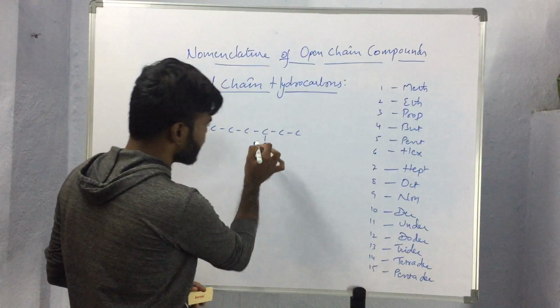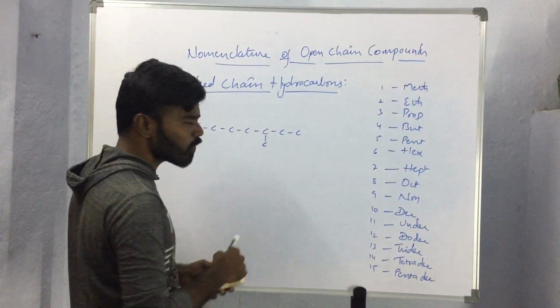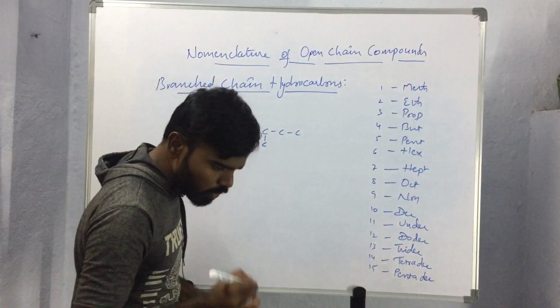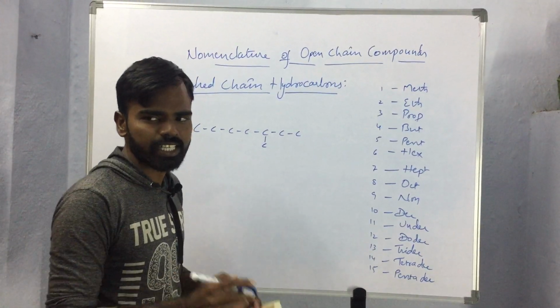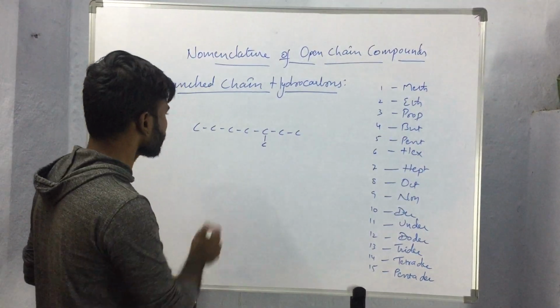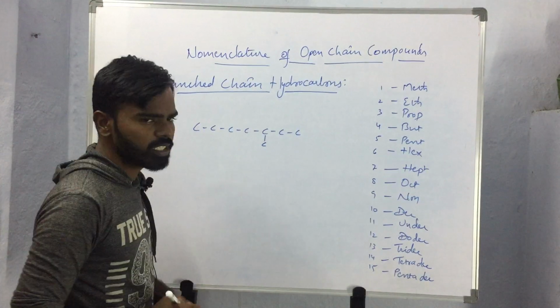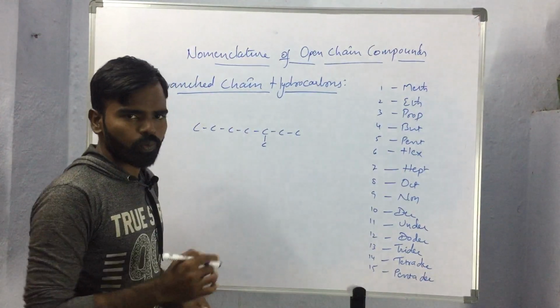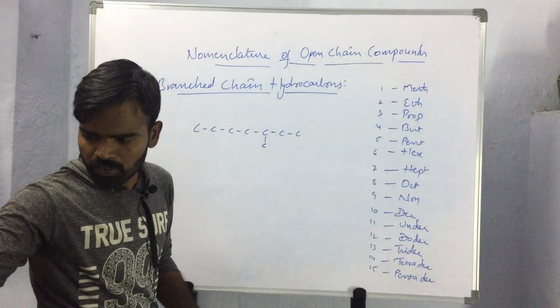While naming this type of compound, the first rule we have to follow is to select the parent chain. In this type of compound, while selecting the parent chain, we have two possibilities.